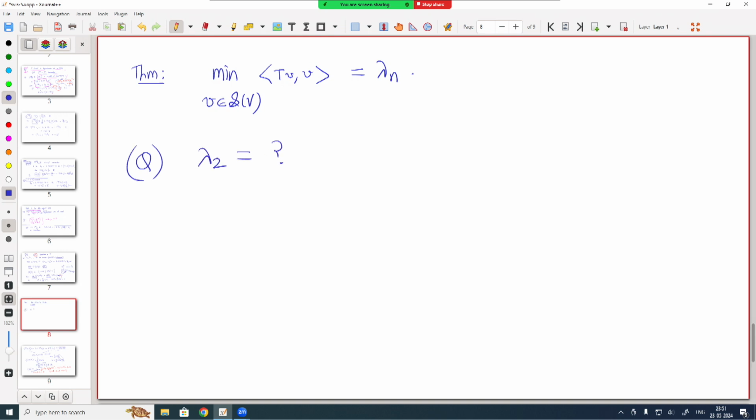How will I get the second eigenvalue? I will take the perpendicular of the first eigenspace and try to find the eigenvalue there. So you first find the first eigenspace.